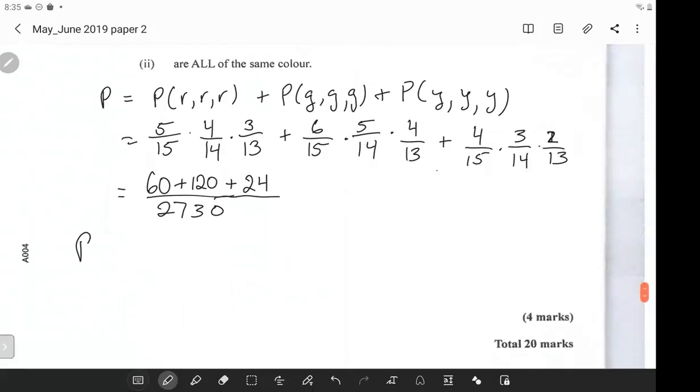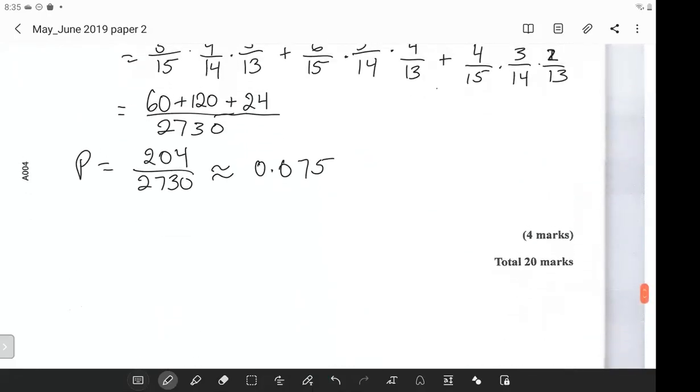When you find that, the probability that they get all the same color, 60 plus 120 plus 24, that is 204 divided by 2730. And what is that as a decimal? Well, that is about 0.073, sorry, 0.075. Right, so you have about 7.5% chance of getting all the same color.